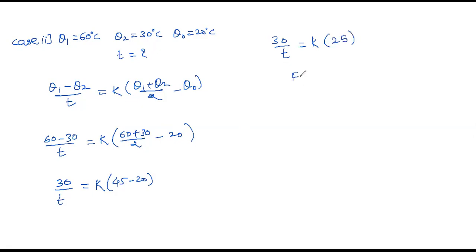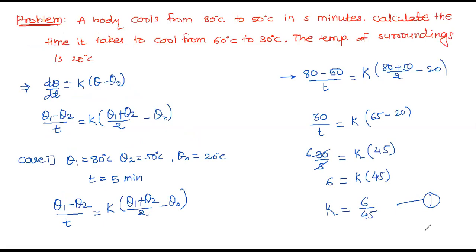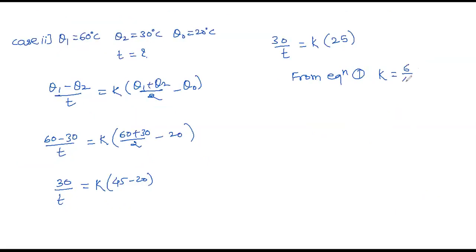But from equation 1, what k value did we get? Check it. We got 6 by 45, right? So here I am substituting 6 by 45. Therefore this is 30 by t is equal to 6 by 45 into 25.